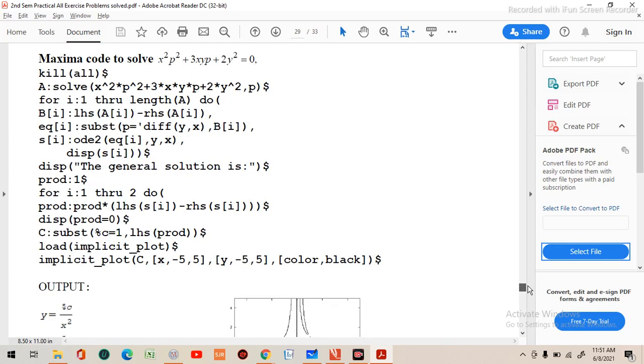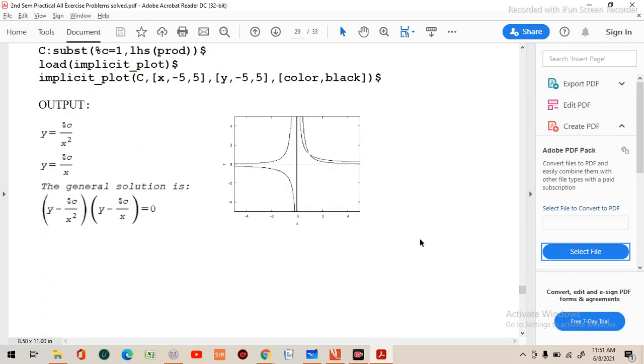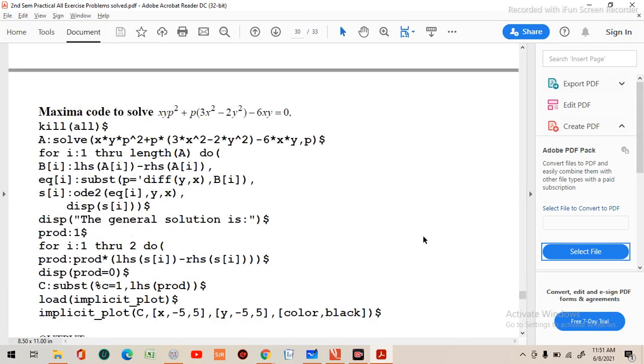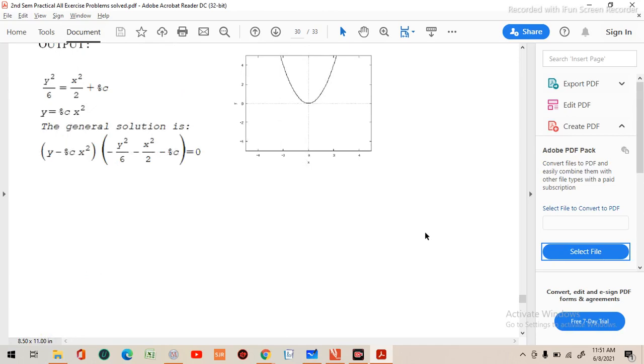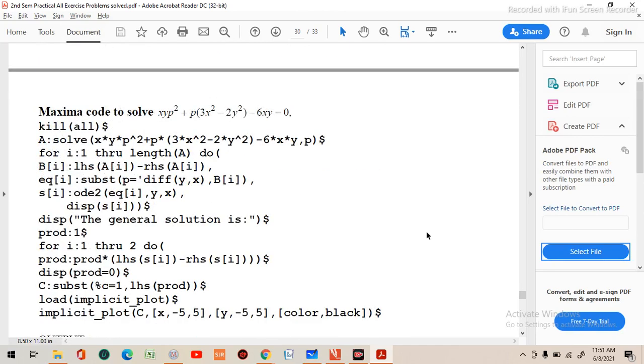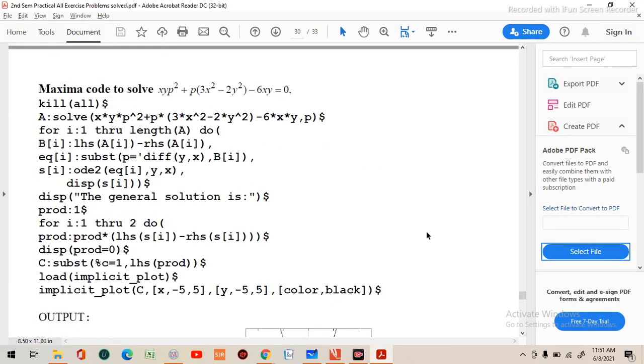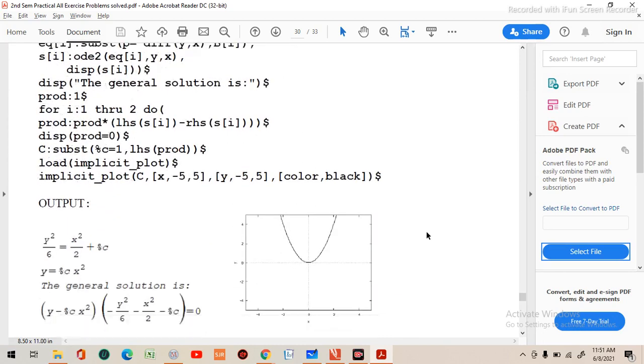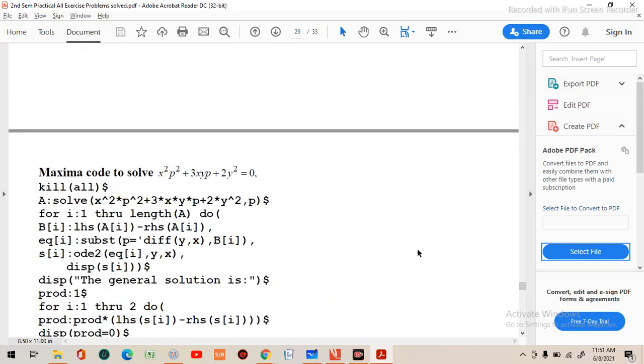Then this is for the third one. This is for the final one. However, some corrections will be there, I will be doing and sending you guys.